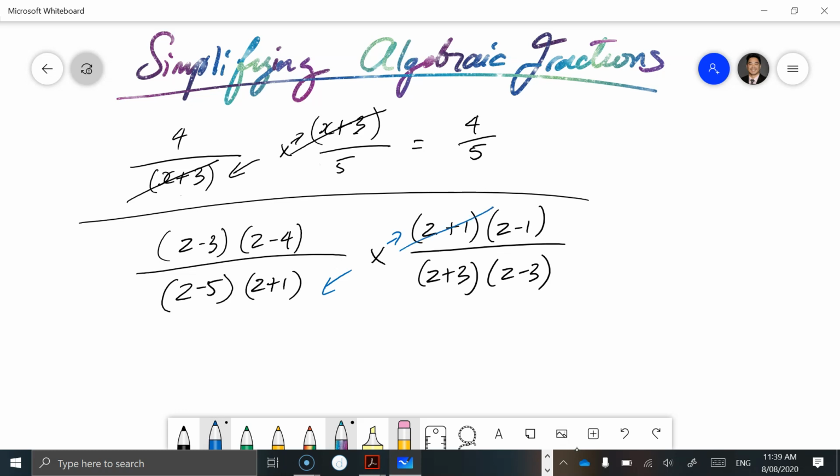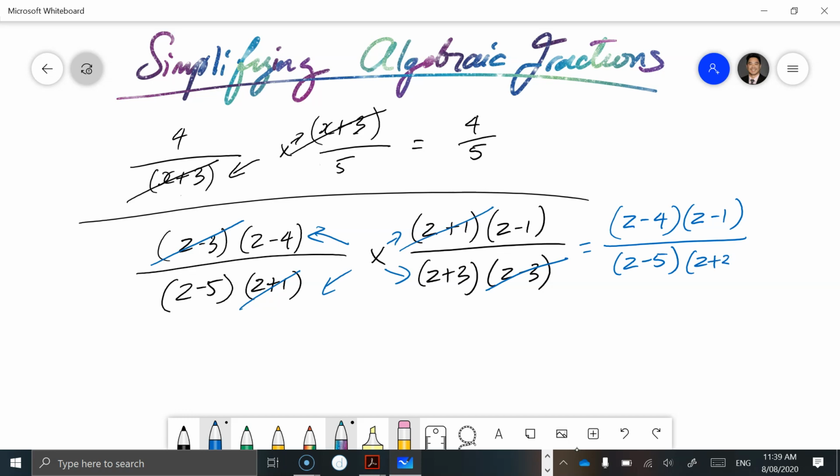Notice that we have a z plus 1 and a z plus 1, they cancel out. And we can look on the other side. We have a z minus 3 and a z minus 3. They can cancel out. And all we're left with is z minus 4 and z minus 1 on the top, and then z minus 5 and z plus 3 at the bottom. And that's what we're left with.